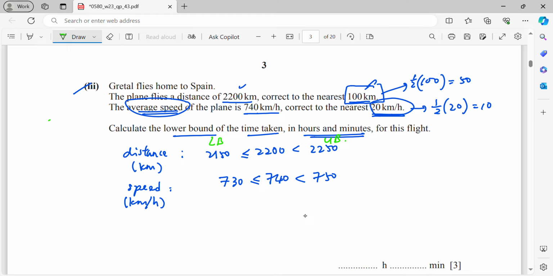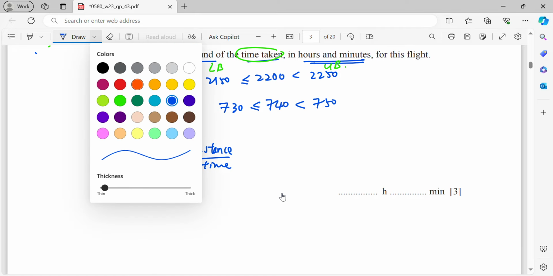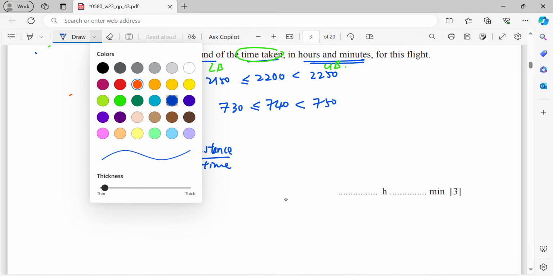Then now you need to find the lower bound of time taken. So now we have to refer to the formula. We know that speed equals distance over time. Now you need to find the lower bound for time, so I will get time as the subject. It means my time moves up and the speed moves down, so it will be the division.